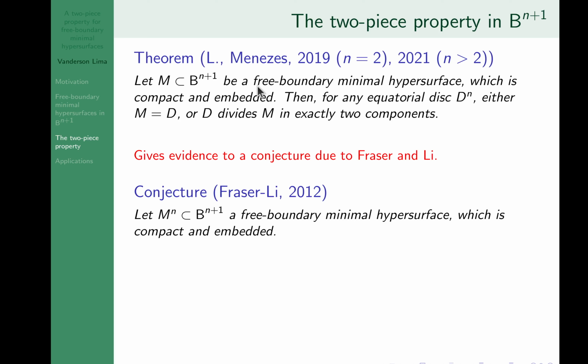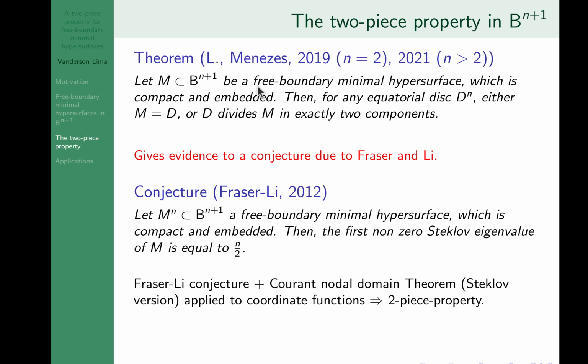If I have a compact embedded free boundary minimal hypersurface in the Euclidean ball, then the first nonzero Steklov eigenvalue is equal to n over 2. Again, the statement of this conjecture together with the Courant nodal domain theorem, in the version for the Steklov eigenvalue problem, implies the two-piece property.